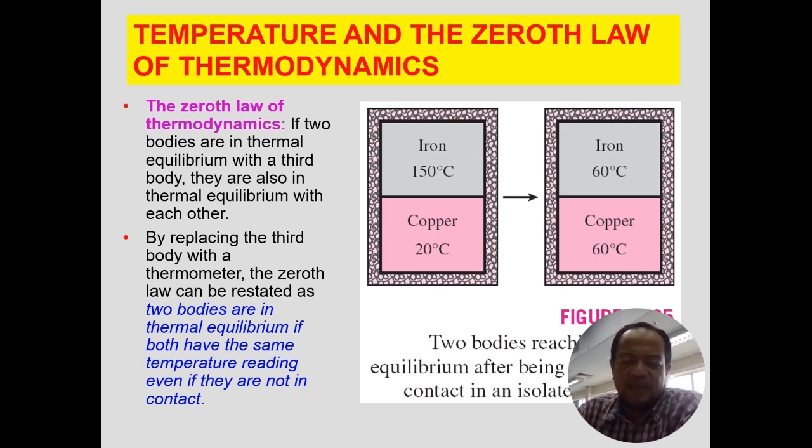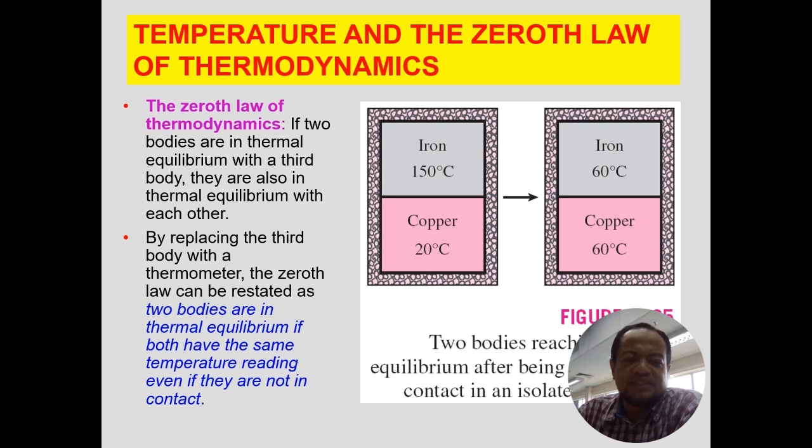Let's say we have an iron with a temperature of 150 and copper with a temperature of 20. In an isolated condition, they will reach thermal equilibrium, where the iron will go to 60 and the copper will also go to 60. This is an example of equilibrium.